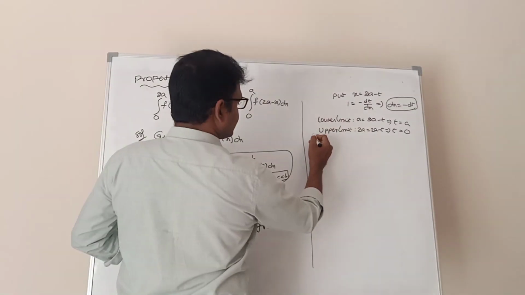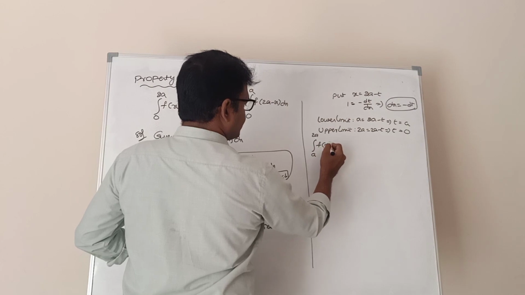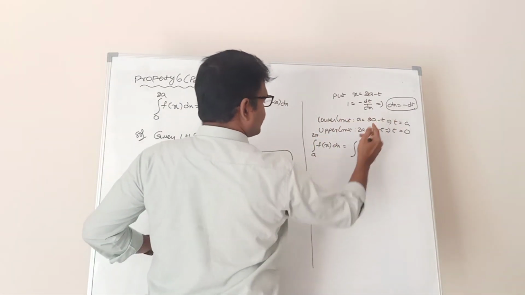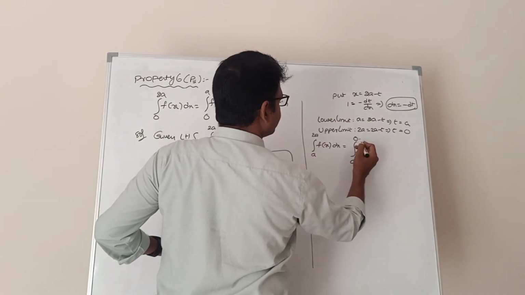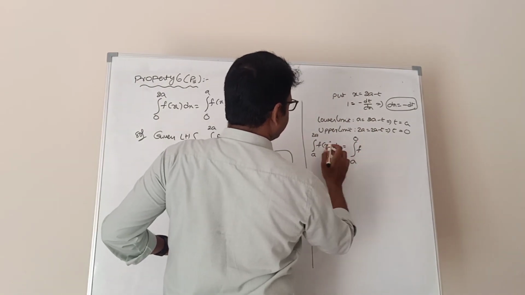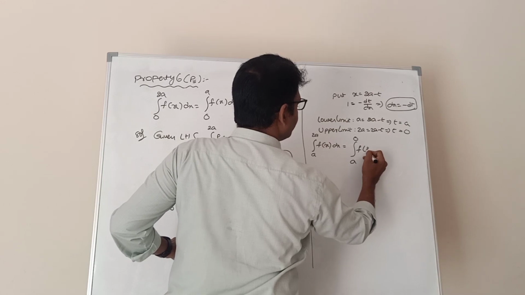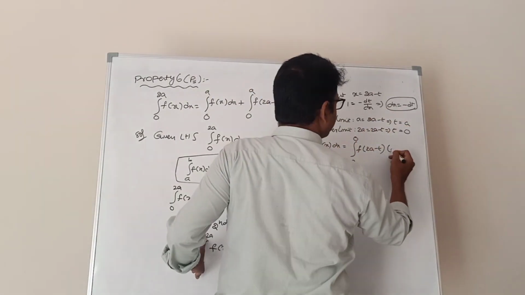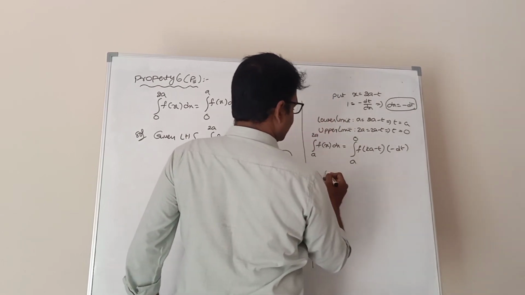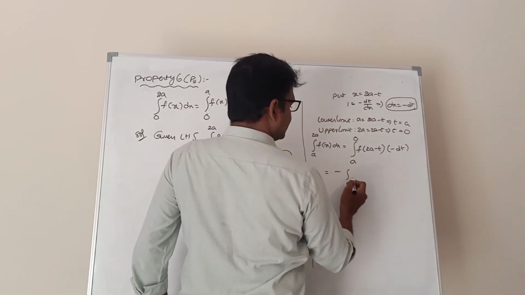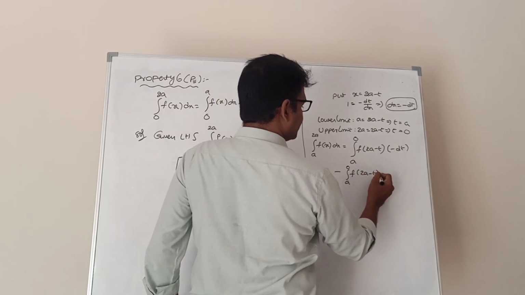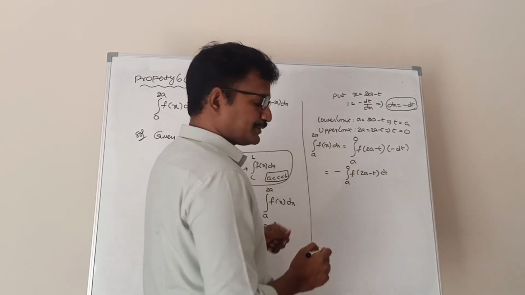Integral a to 2a f of x dx is equal to integration of lower limit. How much did we get? a. Upper limit 0. Next, f of x, x means how much? 2a minus t. dx equals how much? Minus dt. So minus will come here. Next, a to 0 f of 2a minus t into dt.